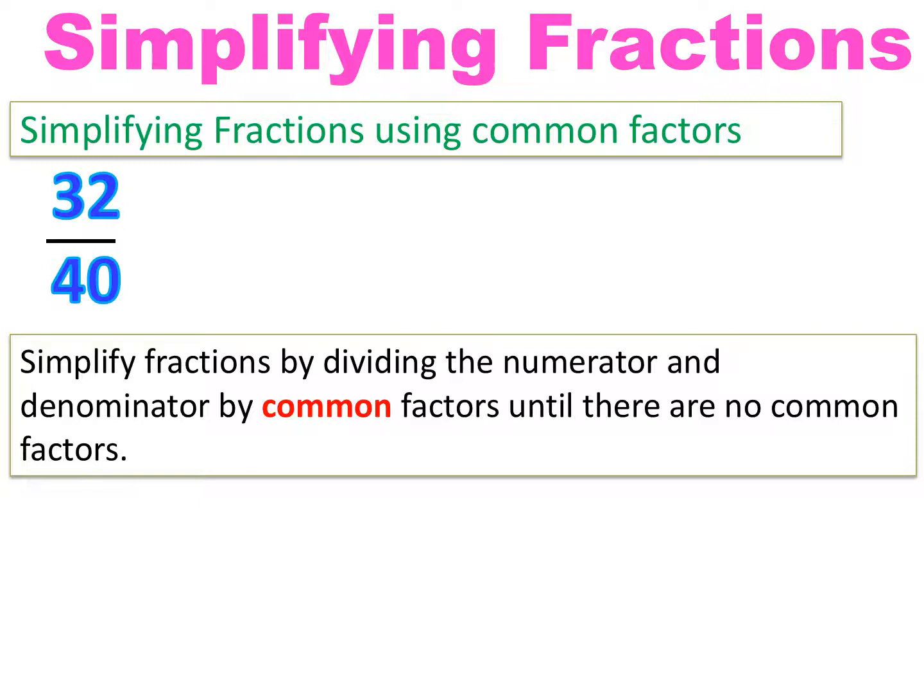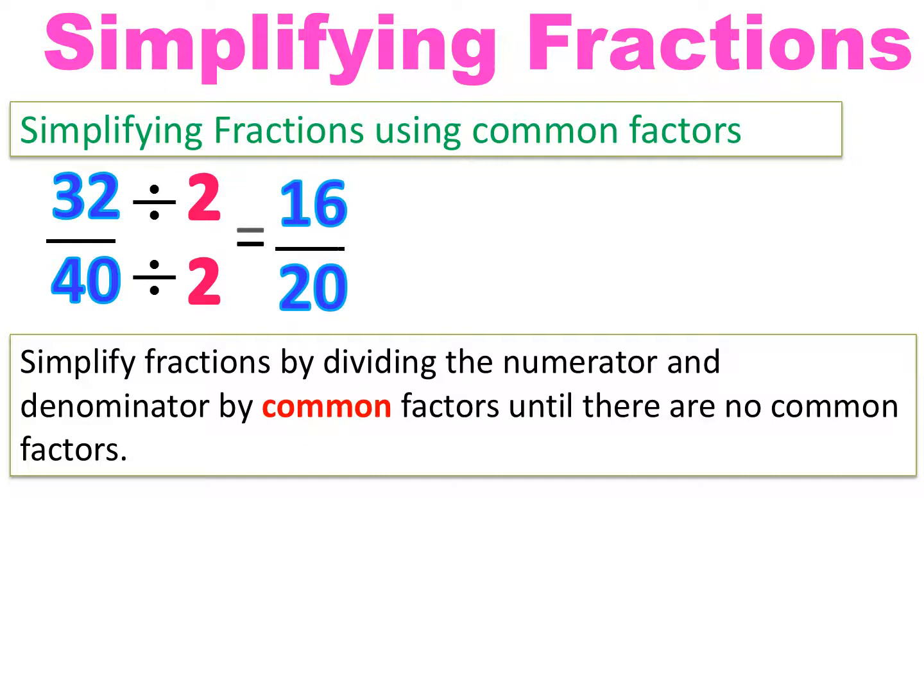So when I look at a fraction and I see two of the numbers are even, I usually start off with dividing out 2, because every even number is divisible by 2. So I start by dividing both the numerator and the denominator by 2, and I will continue until they no longer have common factors.